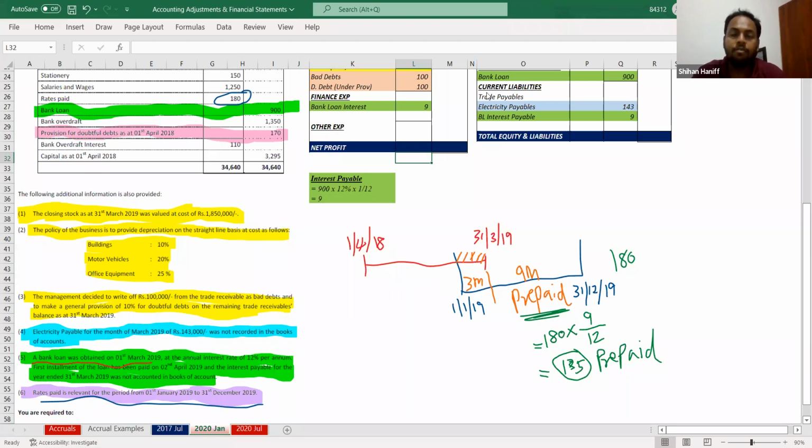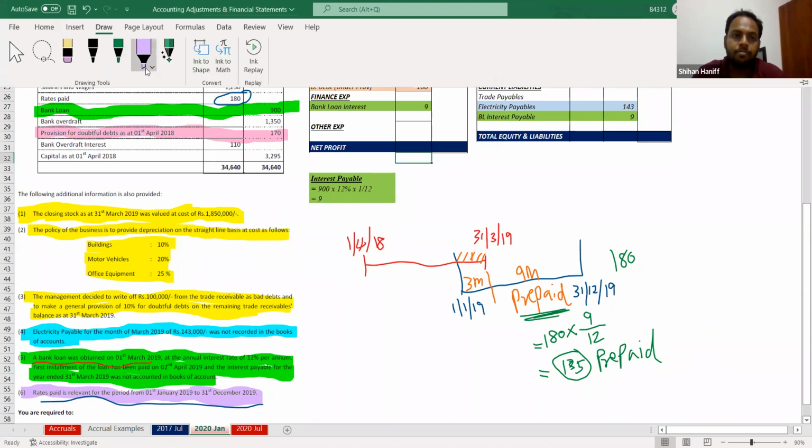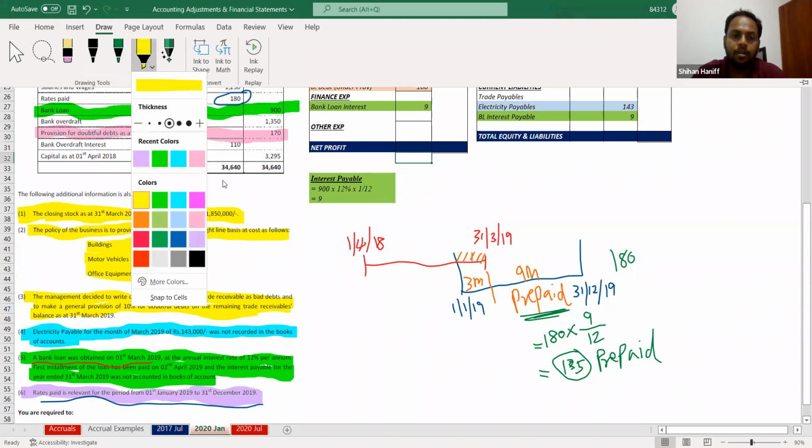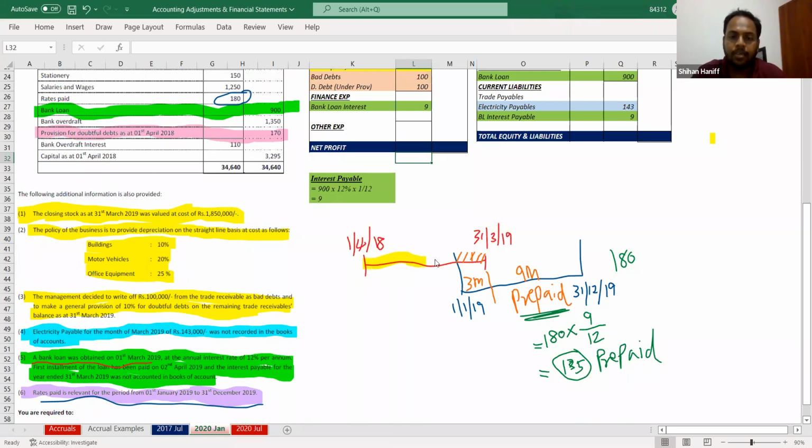Because in most of the questions you will have accruals and prepayments. Let me explain again. In the question, our financial period is from 1st of April 2018 to 31st March 2019. Then they are saying rates paid relevant for the period from 1st January 2019 to 31st December 2019.